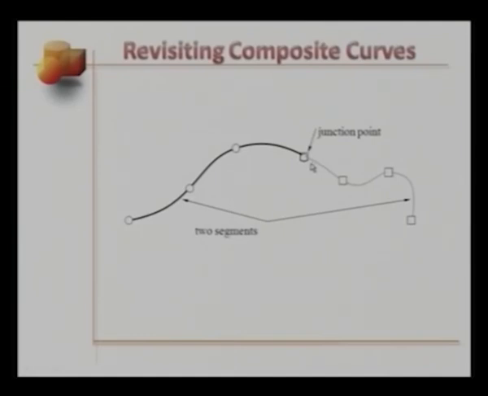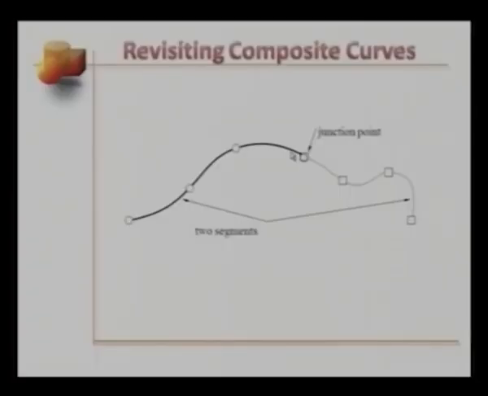For a C2 continuous composite curve, I need to ensure that the curvature computation from this segment is the same as the curvature information from this segment at this point. Let's try now to get into the mathematics of composite Bezier curves.